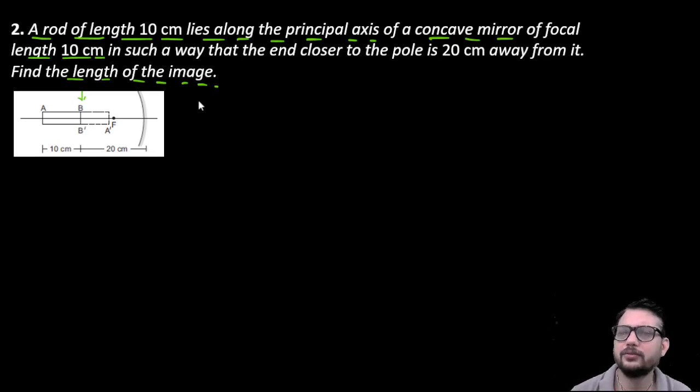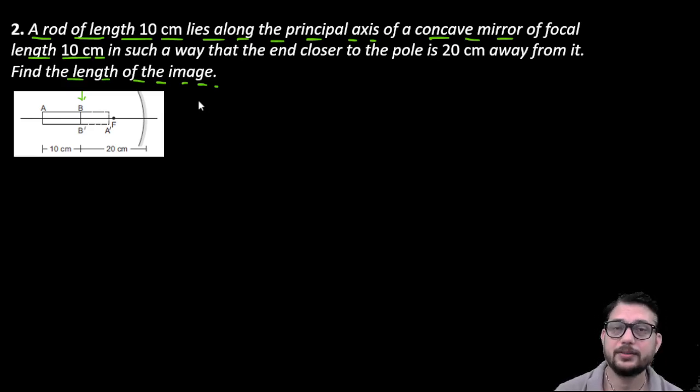So what should we do? As I have told you, whenever we have to draw the ray diagram of any object, we consider one point of the object and take two rays from it, and after reflection or refraction, the two rays intersect each other and we get the point of the image.